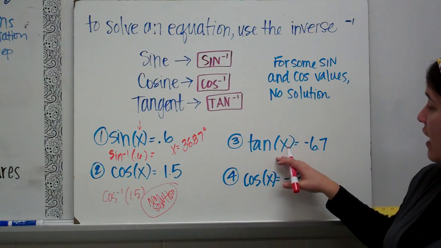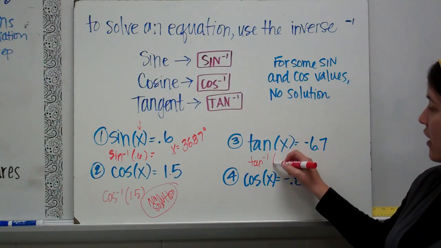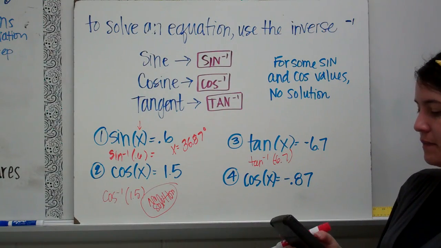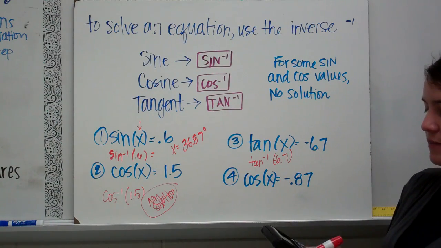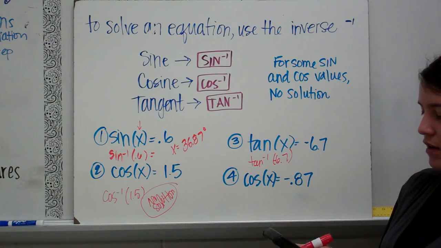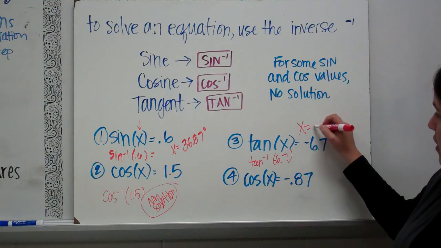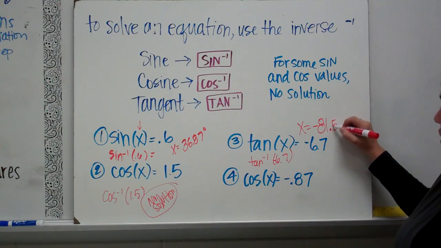Number 3, tangent of x equals negative 6.7. You would type in the inverse tangent of negative 6.7, and you would get x equals negative 81.51 degrees.